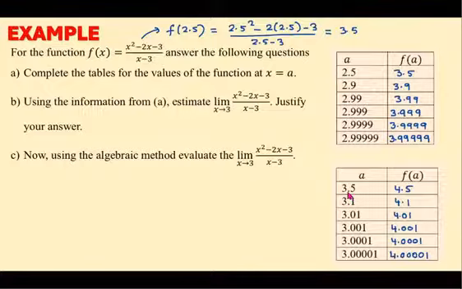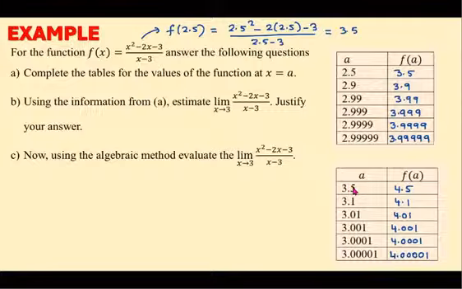And if you look at the second table, 3.5, 3.1, 3.01, we are decreasing from 3.5 and going all the way to 3.00001, which means we are getting closer and closer to 3 from the right. Now, in the first table, as the x values approach 3, the value of the function approaches 3.999, which means it approaches 4.